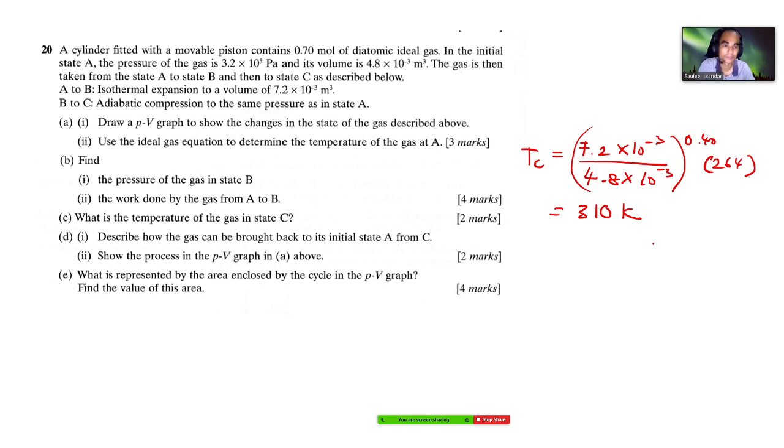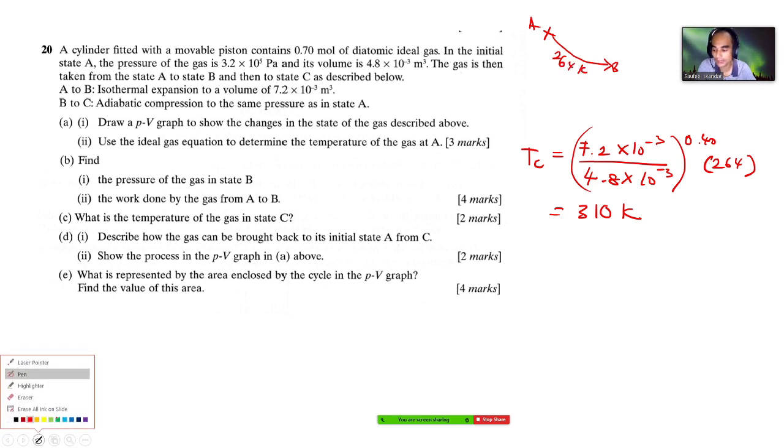So from A to B, the gas had a temperature of 264 Kelvin. But when B was compressed to C, the temperature was higher, that is 310 Kelvin. Actually, it's not the curve. This one will be the curve at this point.